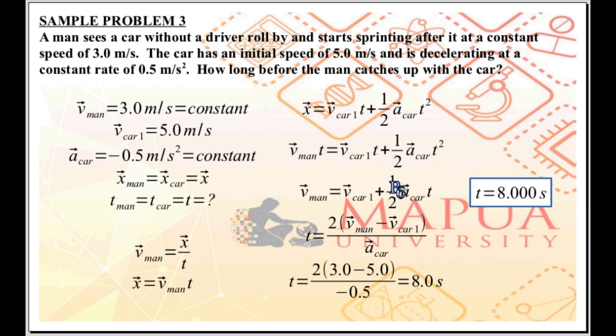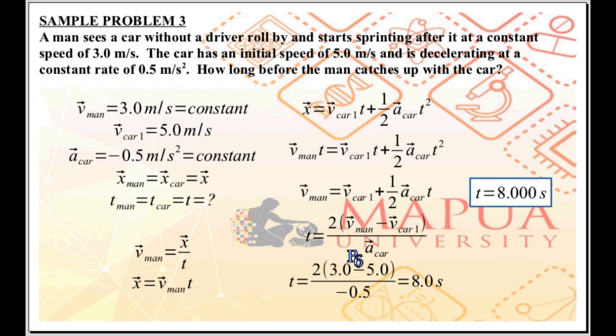Canceling out t, or dividing the whole equation by t, we have v man is equal to v car initial plus 1 half a car t. Divided by t, so cancel out the t here, cancel out the t here, t squared divided by t will give you t. Only t is unknown. We know v man, we know v car initial, we know a car.